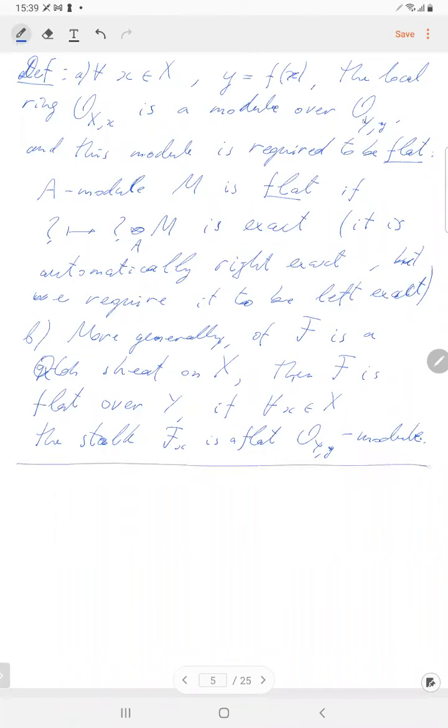Okay, so now let's reformulate this definition globally.